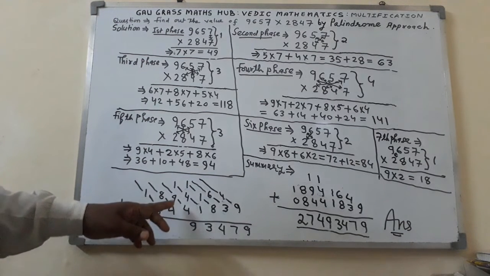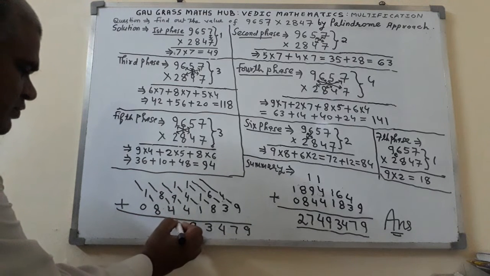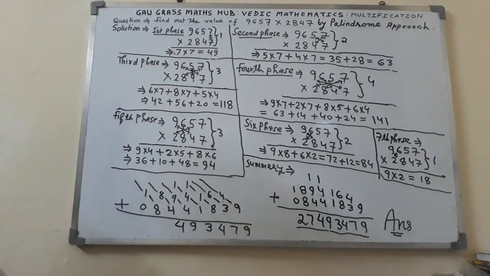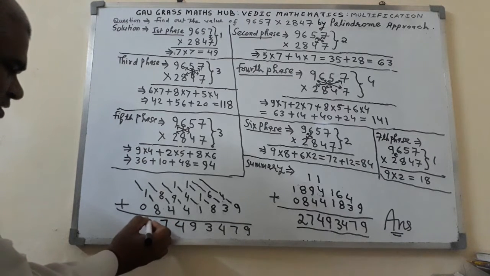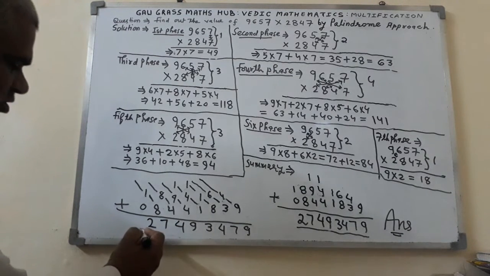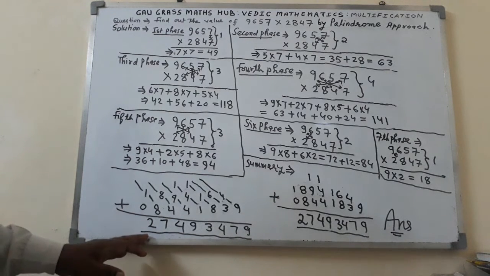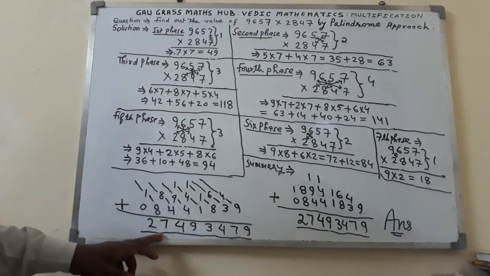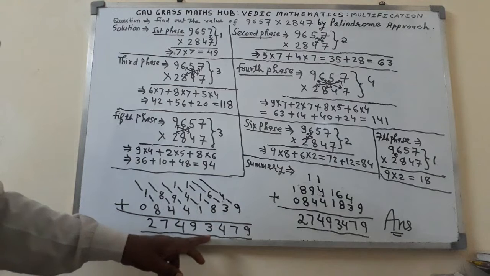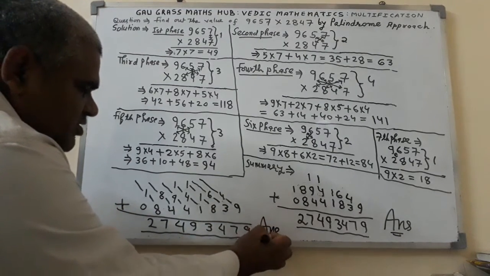Here you will get 9 plus 1, 10, 10 plus 4, 14, 1, 8 plus 8, 16, 16 plus 1, 17, this one. And now this result you have got 27, 493, 479. This will be the correct answer you have got.